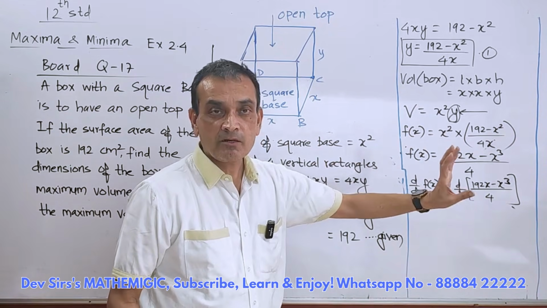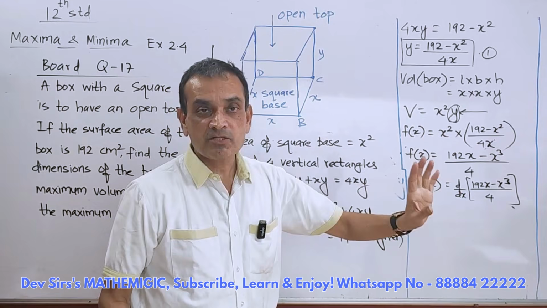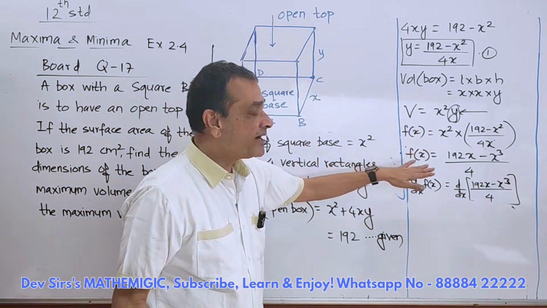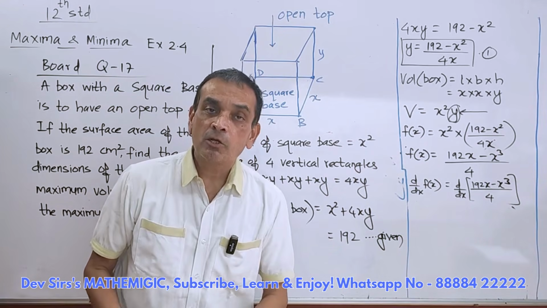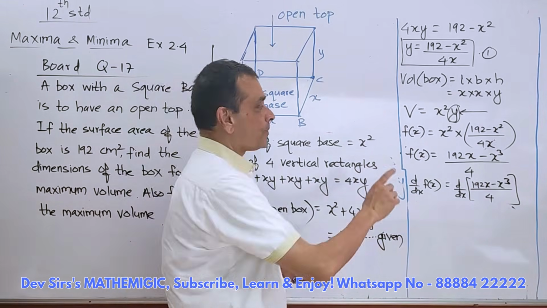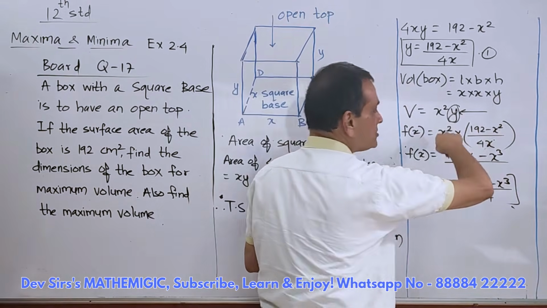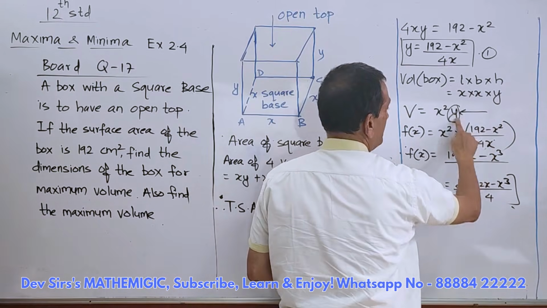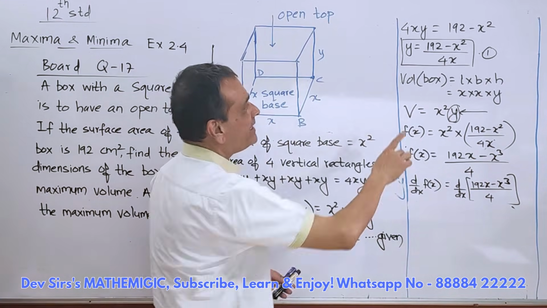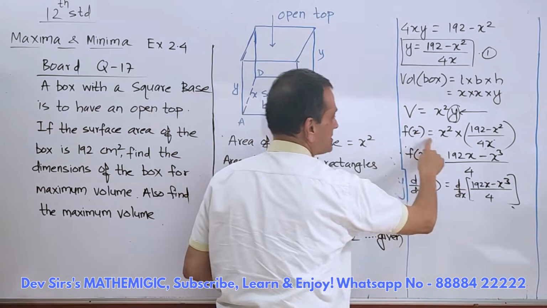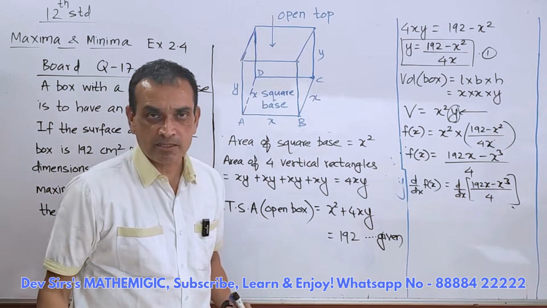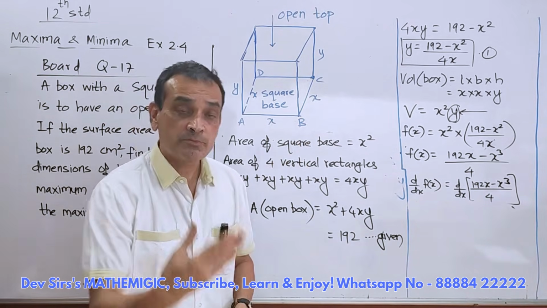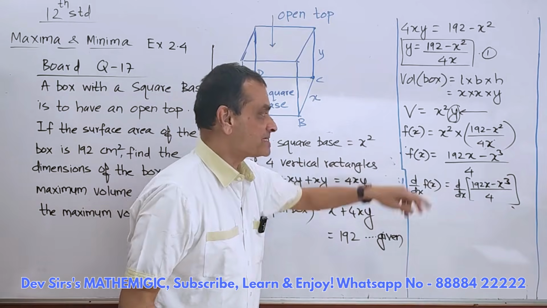Calling it as fx is very important, because for maxima and minima later on we get f dash x, f double dash x. तो fx बोलने के लिए naturally right hand side को सब x चाहिए ना, y की कोई जरूरत नहीं है यहाँ पे. So replace that by initial equation, I get this. Then I can safely call it as fx. That is, these are the two important things. Separate out y, substitute the value of y to get fx.